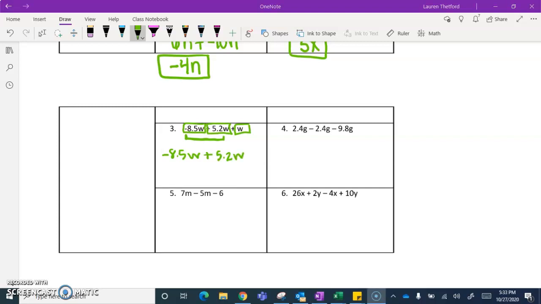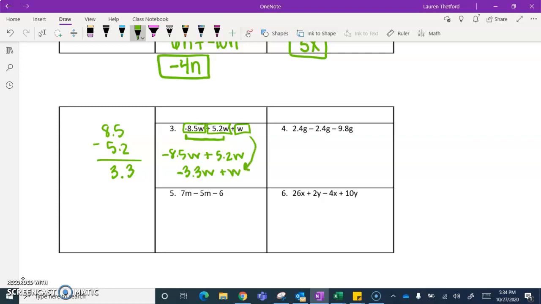We have to line up our decimals. These are different signs, so we're going to subtract. 5 minus 2 is 3. 8 minus 5 is also 3. We just bring down our decimal. So this is 3.3w, and it's going to be negative because my larger number was negative. And then plus that w.